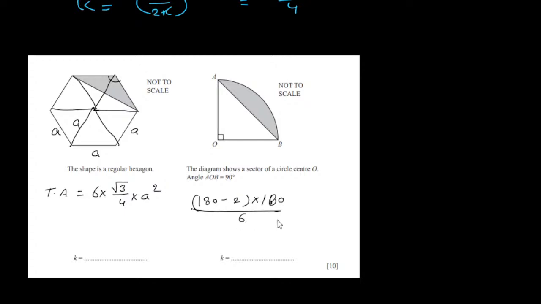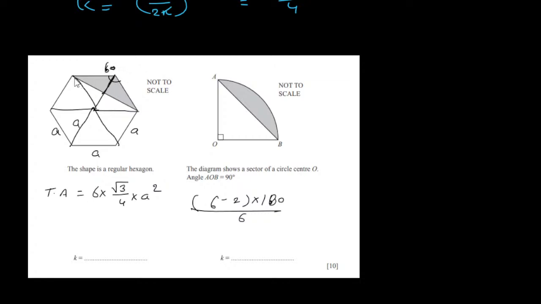Here total 6 sides are there, so n minus 2 means 6 minus 2, 4 times 180 divided by 6 will give me 120. So each angle is 120. Now this is divided into equal parts, so here each angle is 60 degrees only.